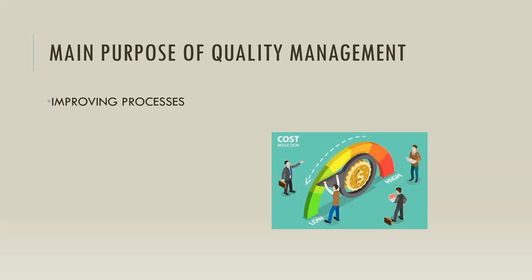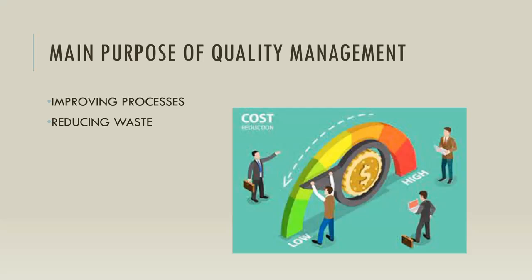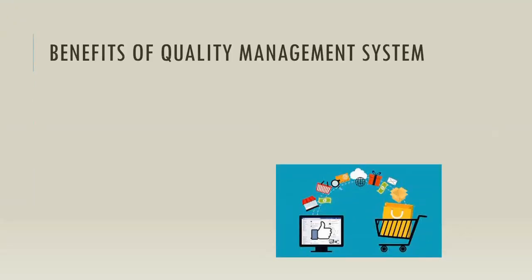The main purpose of quality management is improving the processes, reducing the waste during the process, quality manual, customer satisfaction, improvement opportunities, quality analysis. So these are also the real elements of this.